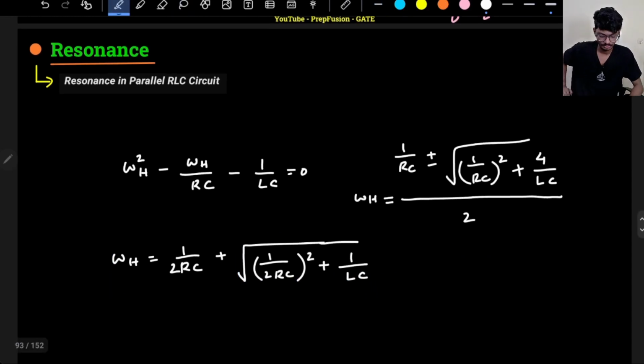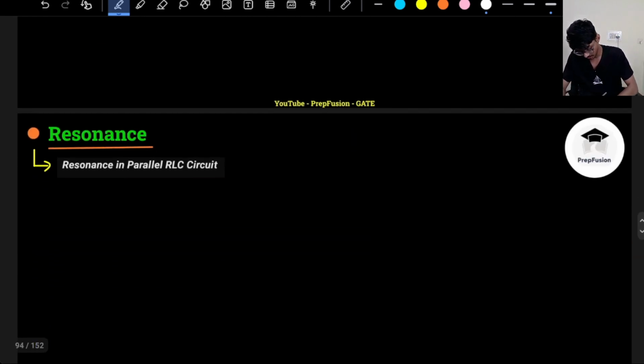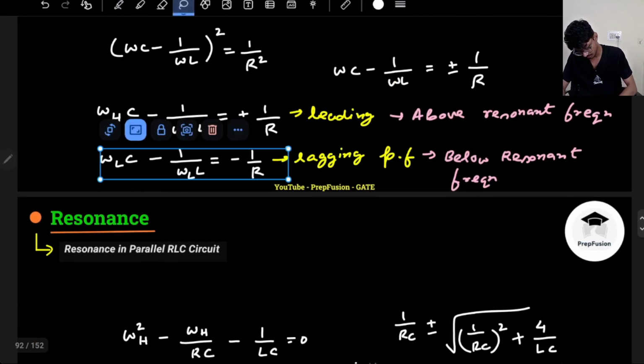So what you have to understand is this can be reformatted. I will reformat it. Let me first find out the omega l basically. So omega l, again the same equation only, just I have minus 1 by R here.